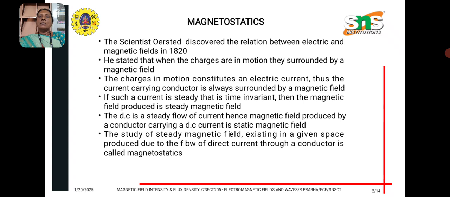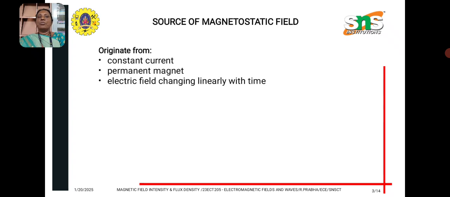Direct current is a steady flow of current, hence the magnetic field produced by a current carrying conductor with DC current is a static magnetic field. The study of a steady magnetic field existing in a given space, produced due to the flow of direct current through a conductor, is called magnetostatics.